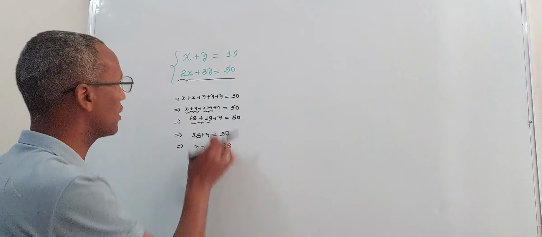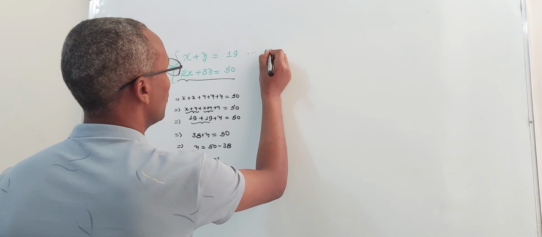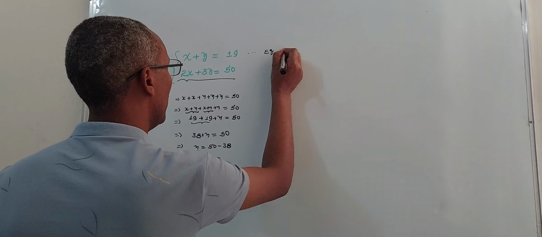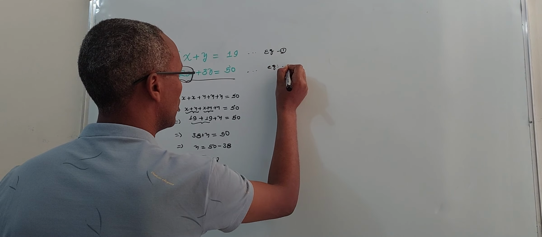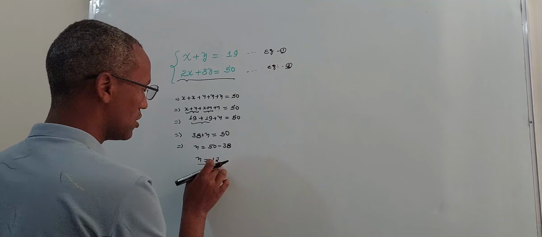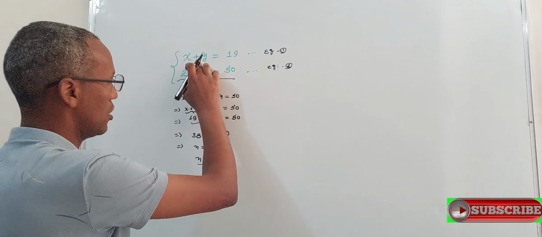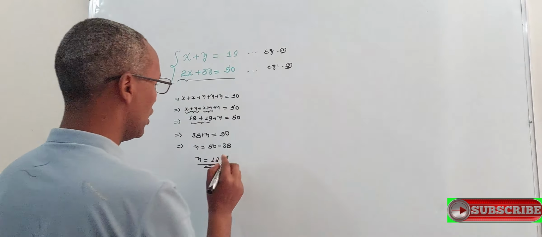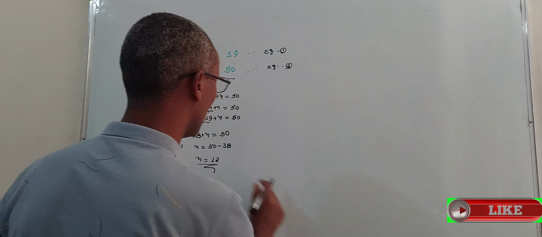Now you can plug this value into this equation. Let's say this is equation 1, and this is equation 2, so that you can plug this value in terms of y, okay? Let me calculate over here.